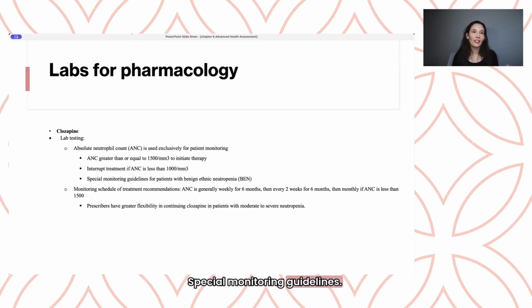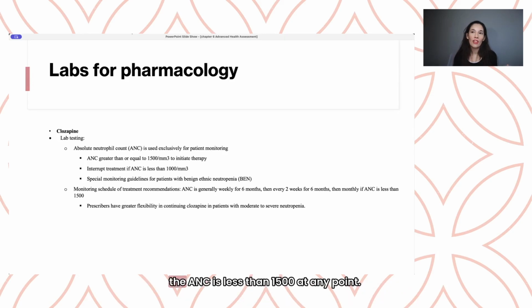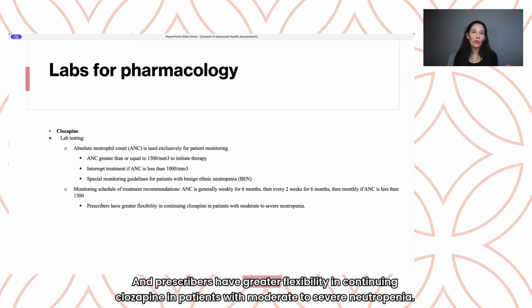Special monitoring guidelines: ANC is generally weekly for the first 6 months, then every 2 weeks for the next 6 months, and then monthly. If the ANC is less than 1,500 at any point, prescribers have greater flexibility in continuing clozapine in patients with moderate to severe neutropenia.